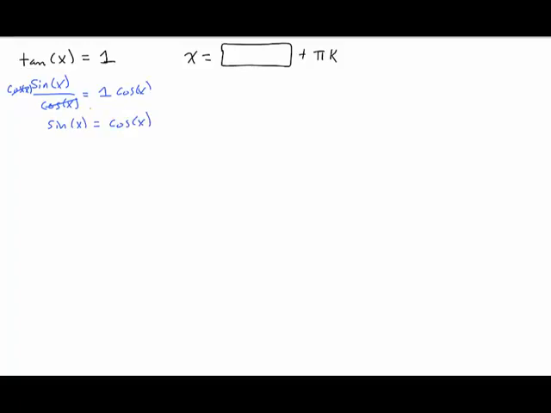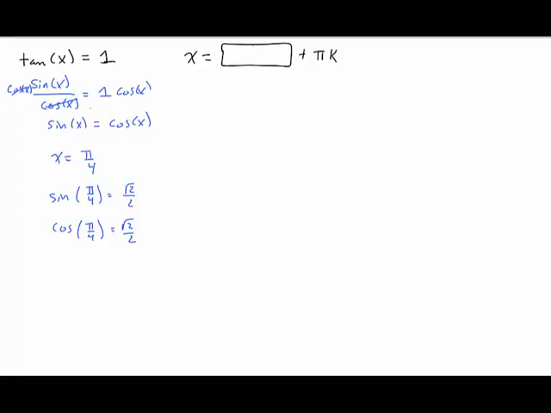Well, if you know your unit circle, you know that that's only going to happen in one place, and that's at pi over 4. So if we let x equal pi over 4, then the sine of pi over 4 equals square root of 2 over 2, and the cosine of pi over 4 equals square root of 2 over 2. So we can see that they're equal here.